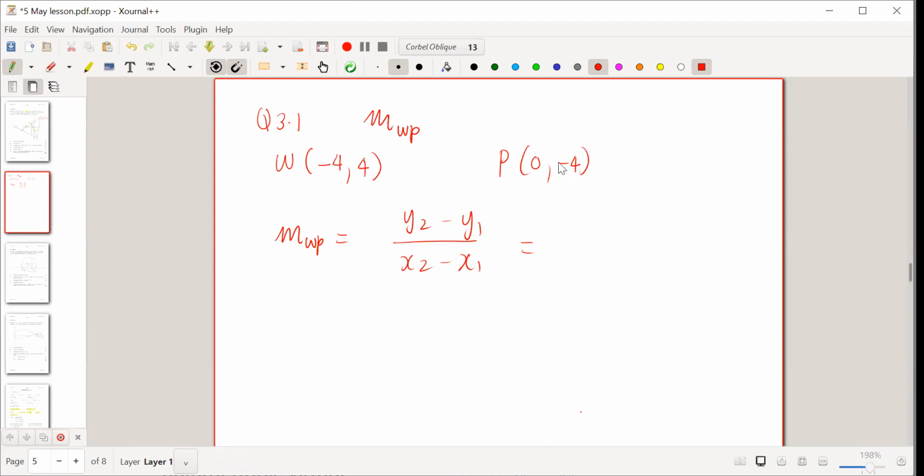So let me use this as my y2 and that as my y1. So that's going to be -4 minus 4 divided by 0 minus -4. This gives me -8 divided by 0 plus 4. So this gives me -2, as was already indicated in the chat box. So this one is a routine question. You just have to plug it into the formula and see what you get out.